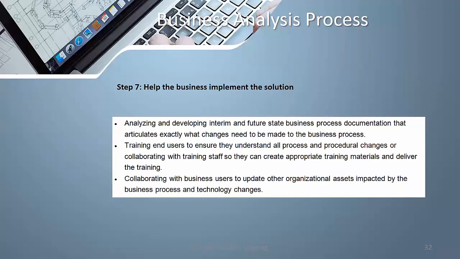What kind of impact it will have with the third party, all those things are also important. So this is what we're talking about when we talk about collaborating with other business users: what impact it will have on other departments, other software.